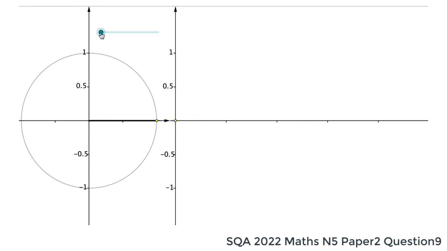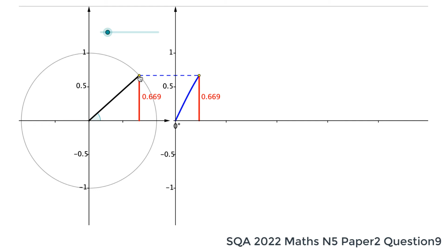Now if we go back, remember we were looking for an angle where the sine of the angle is 2/3, which is 0.666 and so on. So there it is, accurate to 3 figures. And remember we found out this was roughly 42 degrees.